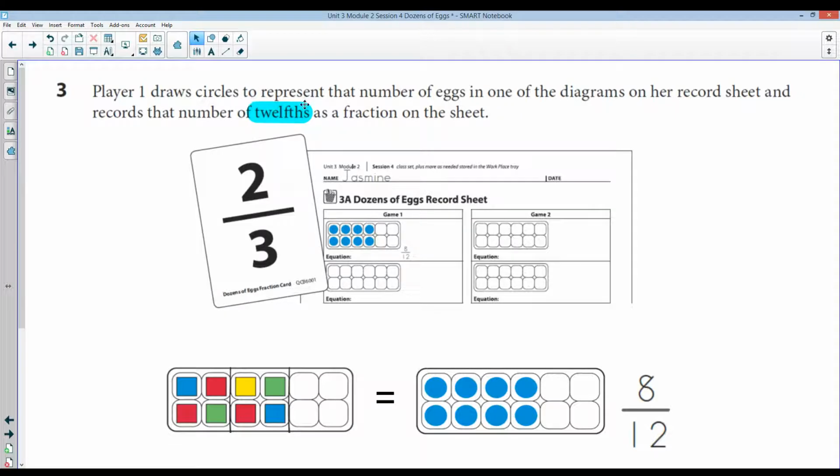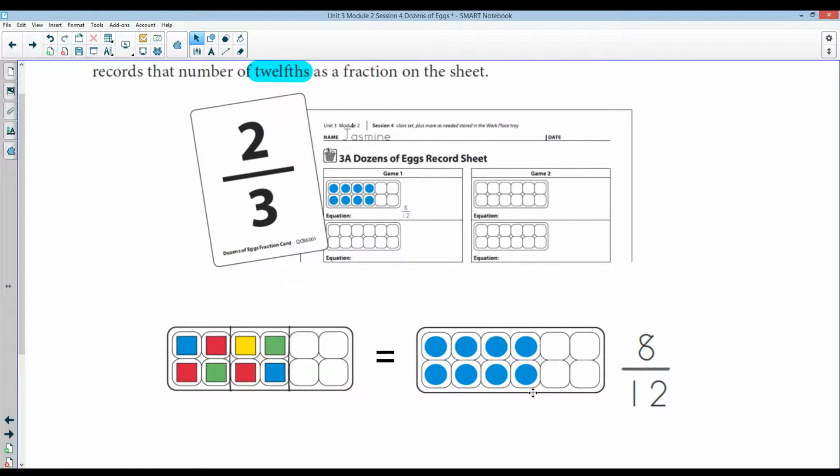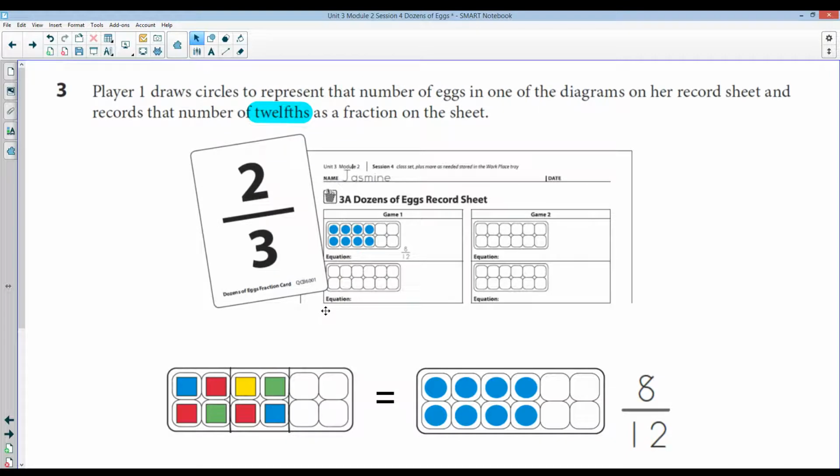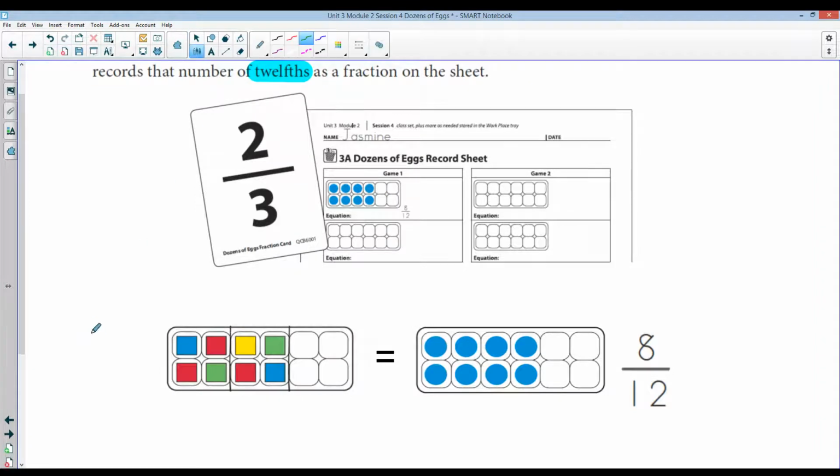Player 1 draws circles to represent the number of eggs in one of the diagrams. And so here again, if we were doing this, that equals the 3, but we're going to change that into 12ths. So here again, think about this. If these are already 12s and you got these in there, it's a great way to ask, how do we make this into 12ths?